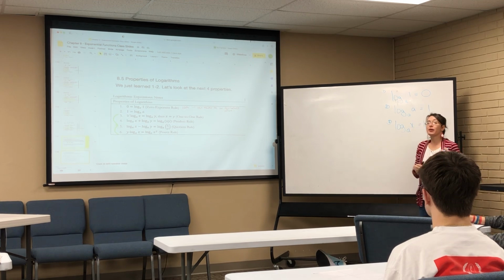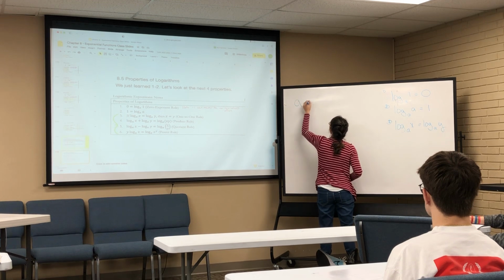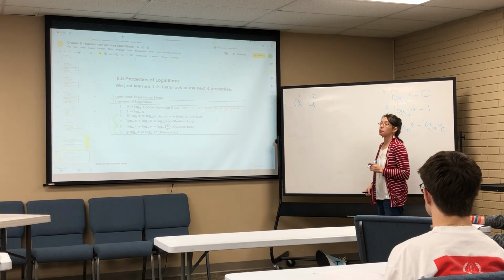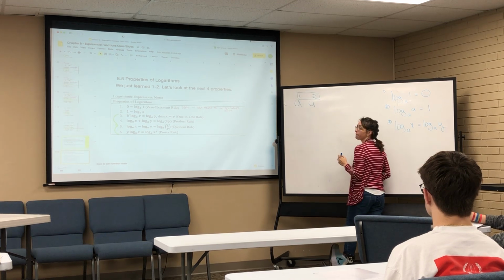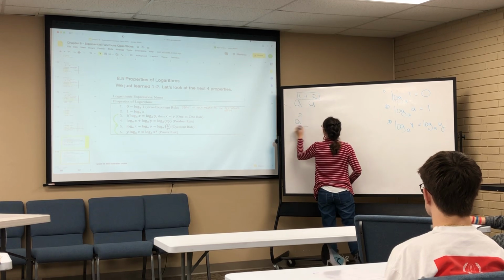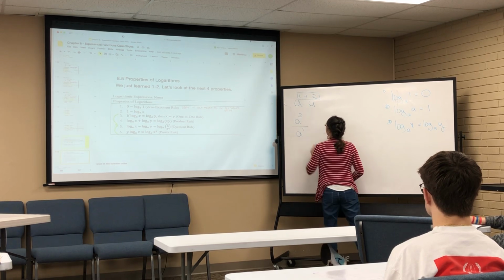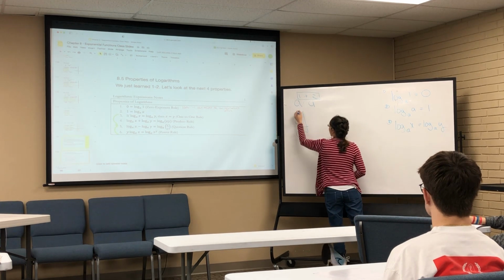When we were doing exponents and we were multiplying like bases, what did we do to the exponents? Added them. When we had exponents and we were dividing, what did we do to the exponents? We subtracted them.